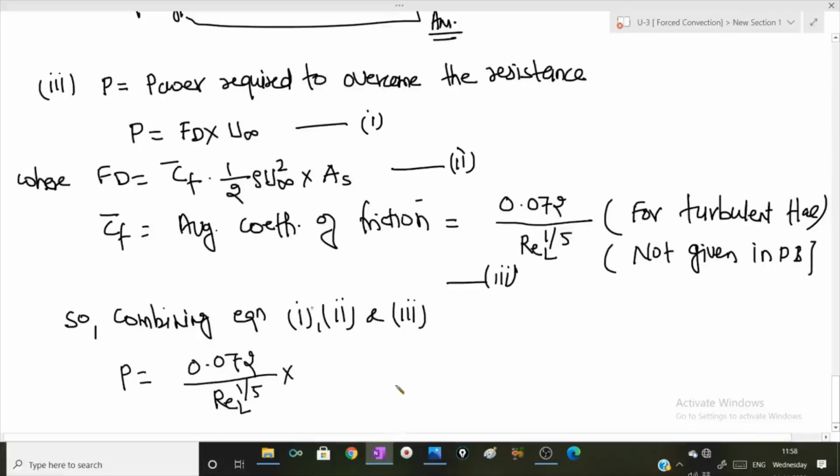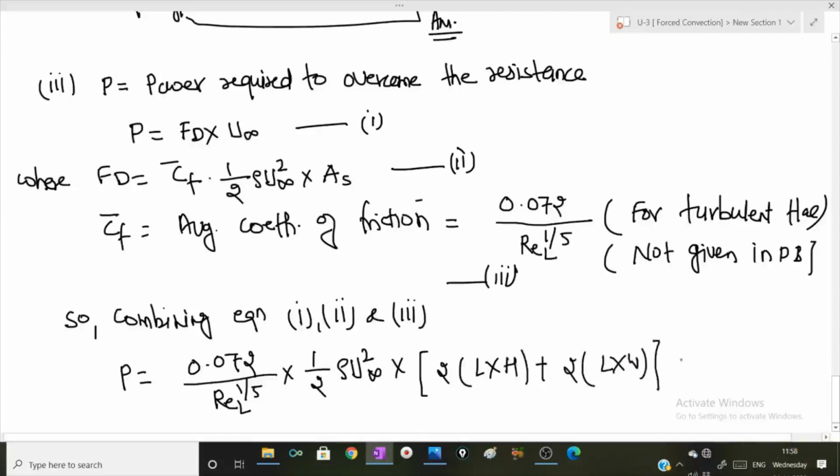This is the value of average friction coefficient, into half rho u infinity square into surface area. Surface area of the truck will be twice into L into H plus twice into L into W, and finally the velocity u infinity.